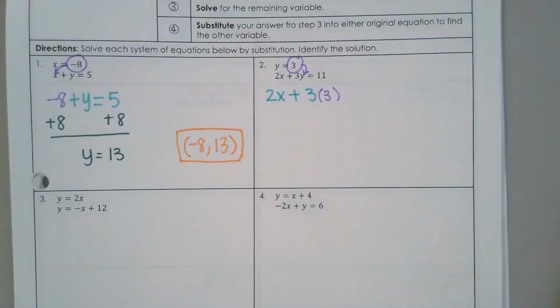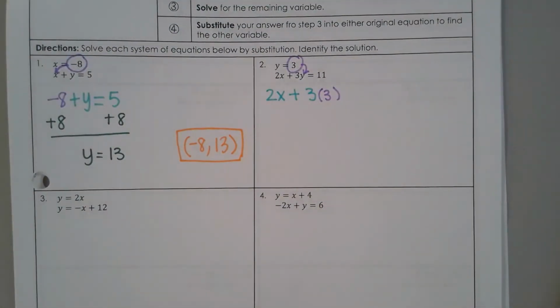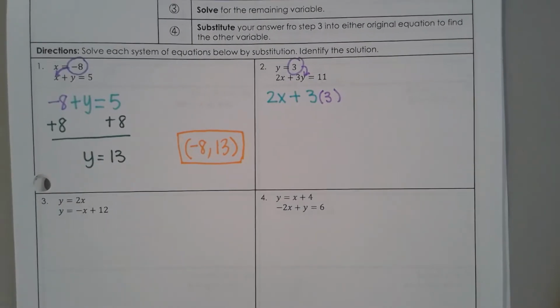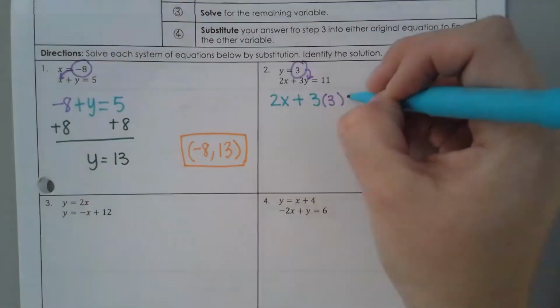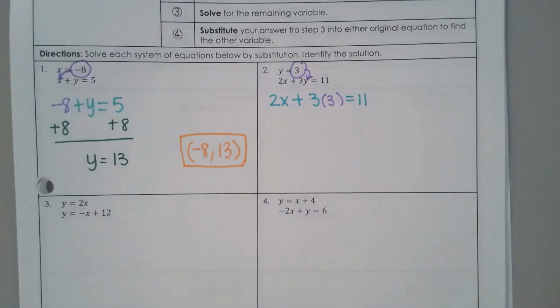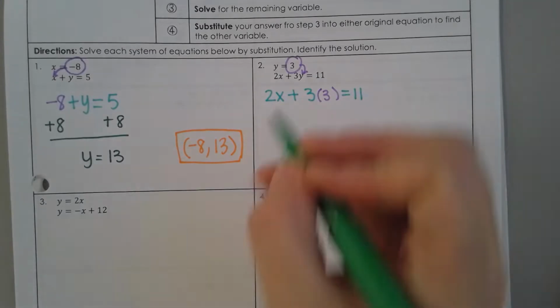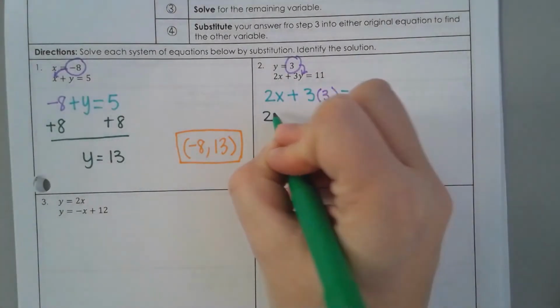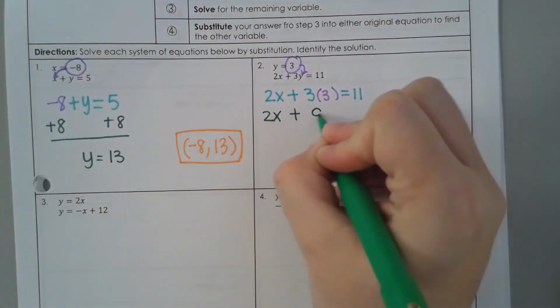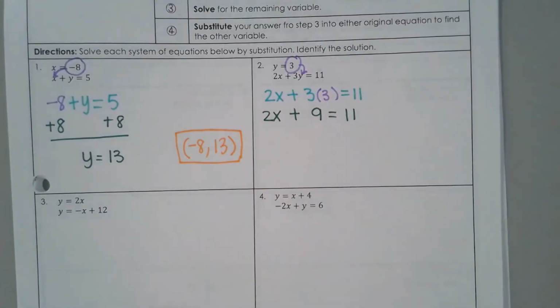We're replacing. You don't put the 3 beside of the y. You completely replace the y. Equals 11. So we get 2x plus 9 equals 11.